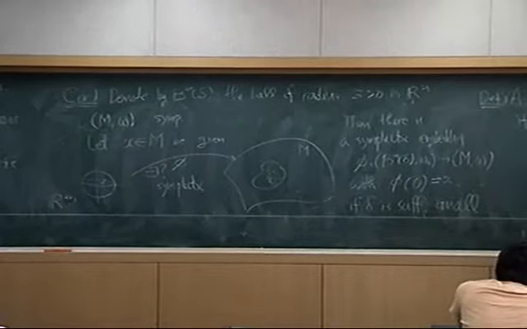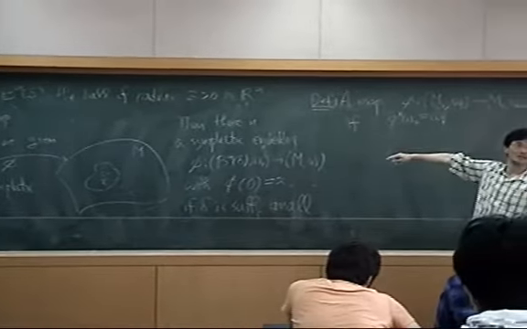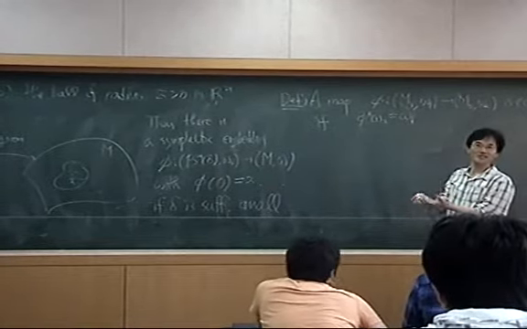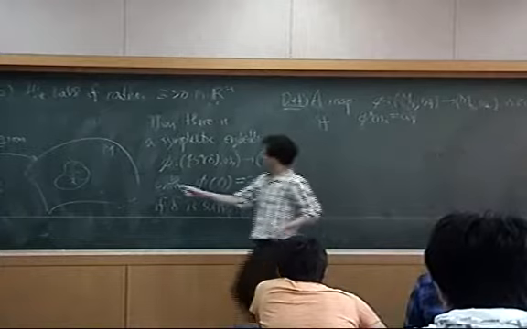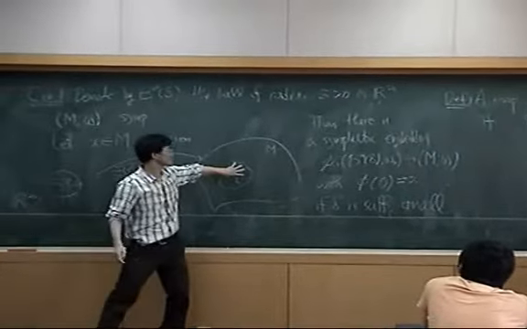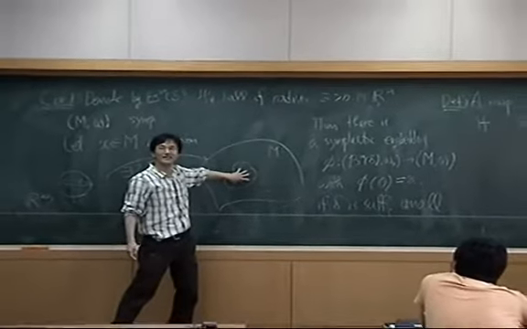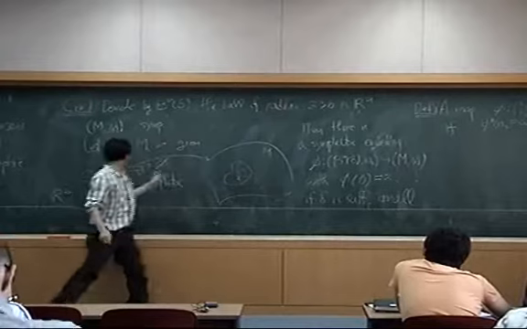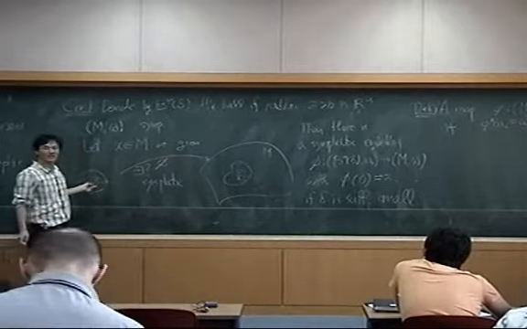That embedding is nothing but the inverse of the coordinate chart. The coordinate chart maps from here to there, and the Darboux theorem said there is some coordinate chart such that in that canonical coordinate, this form omega can be written in the standard form.